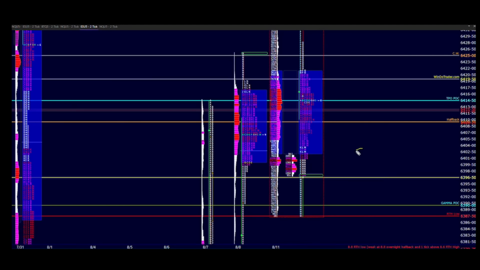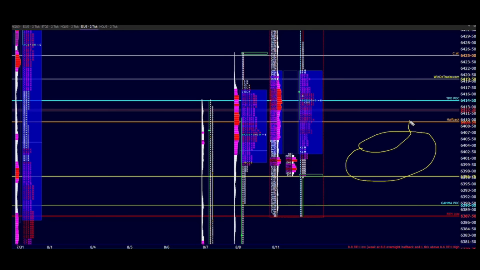So if we don't get a major reaction tomorrow to the downside, and in the afternoon you see us kind of just back above today's halfback, which is around the 64.10, I would maybe look to see us above the 64.13-ish area. We could potentially start moving, and if we get past 64.25, that would be an area that I do think is going to be sticky tomorrow. If we do get past there, then things could pick up a little bit, and the system could start feeding on itself.